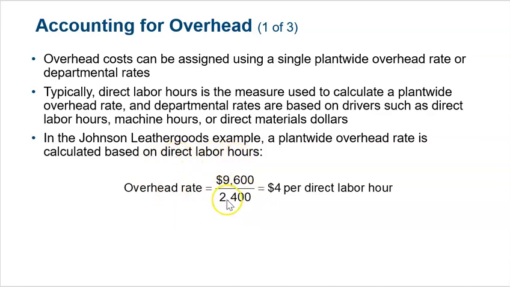We're estimating 2,400 direct labor hours for the period. So we execute the math and come up with a predetermined overhead rate of $4 per direct labor hour. Okay, so just a very, very basic scenario here.